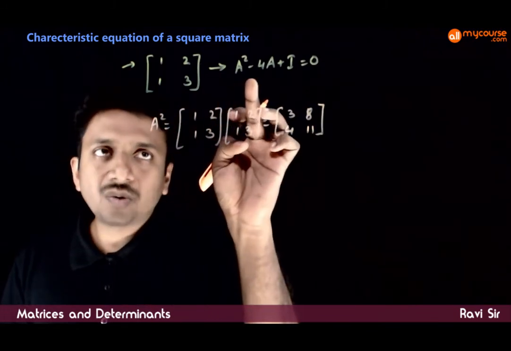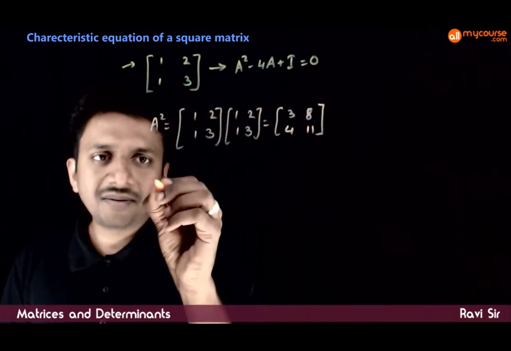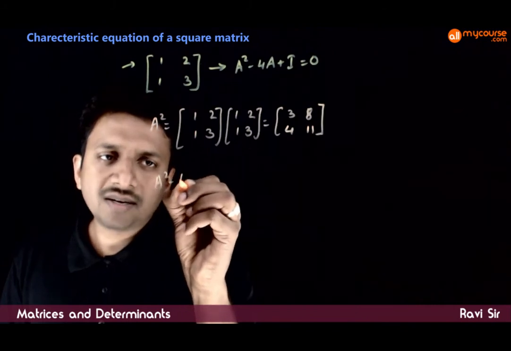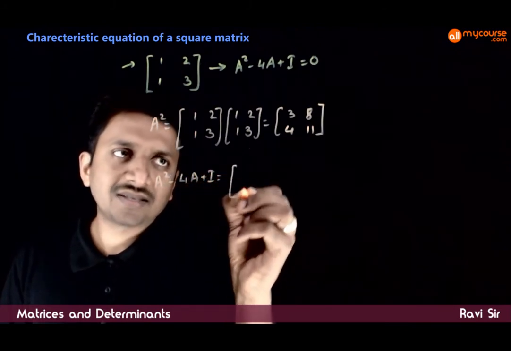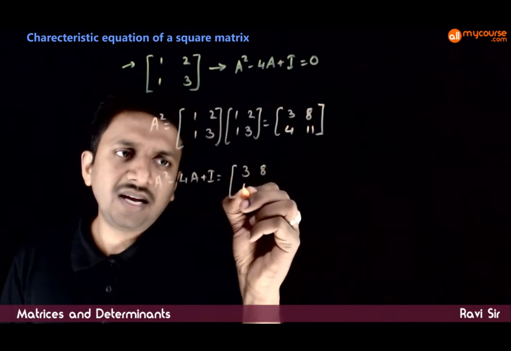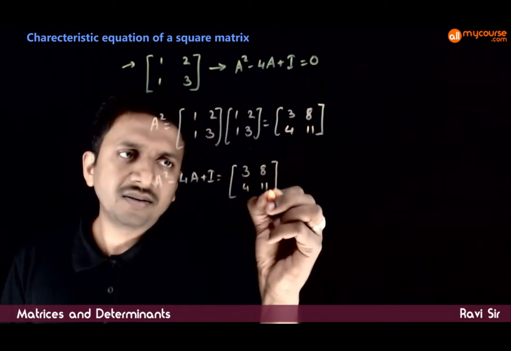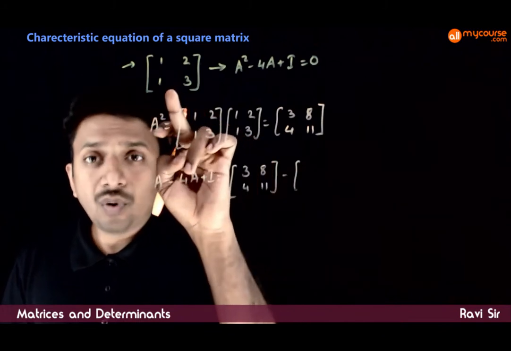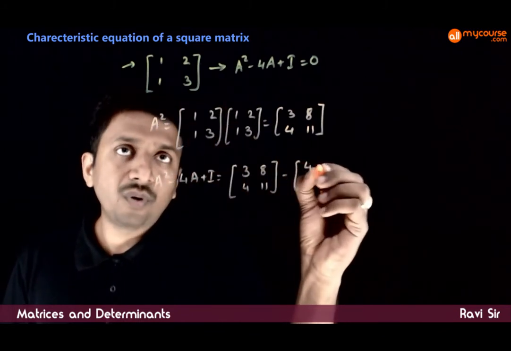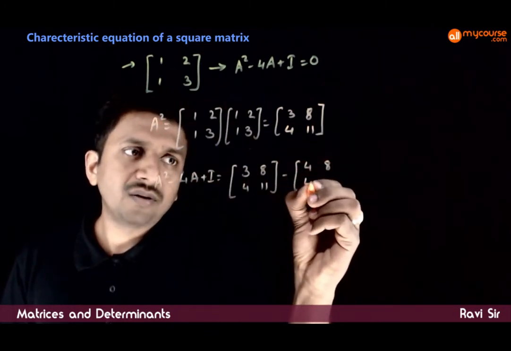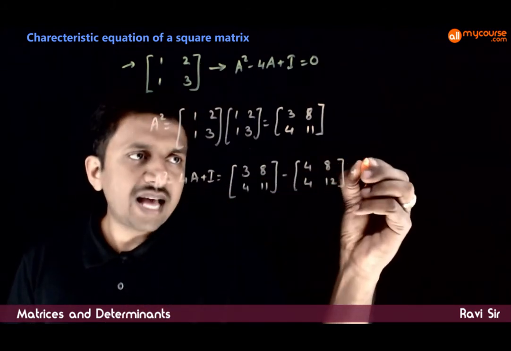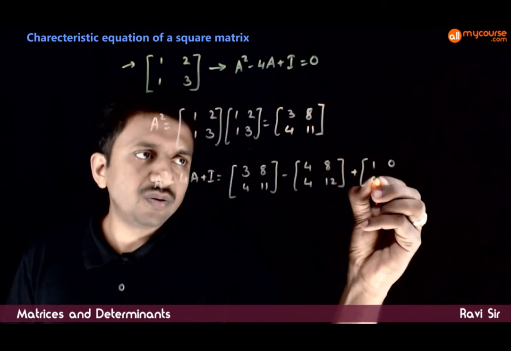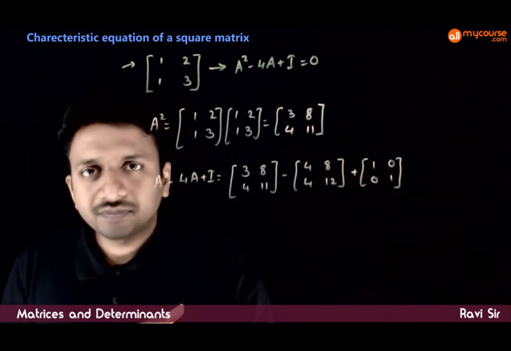So what is A square minus 4A plus I? It is 3, 8, 4, 11 minus 4 times A, which is 4, 8, 4, 12, plus I, which is 1, 0, 0, 1.